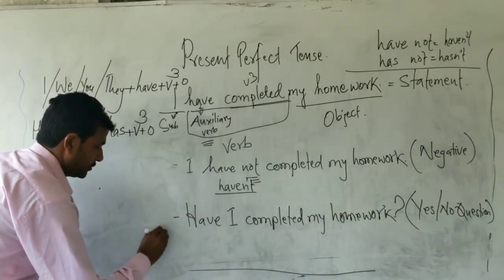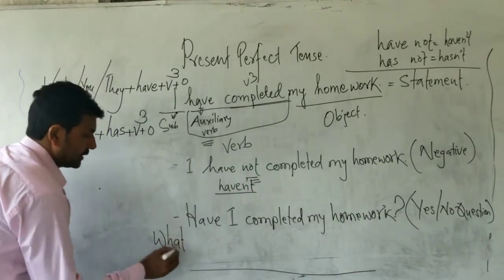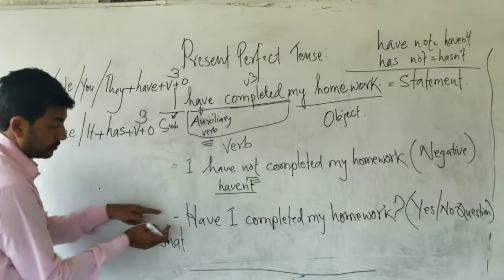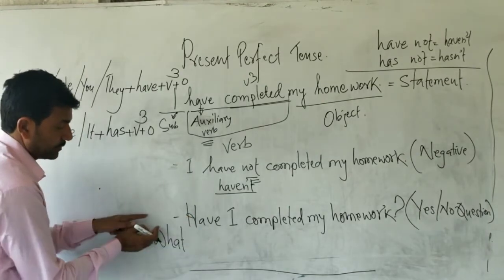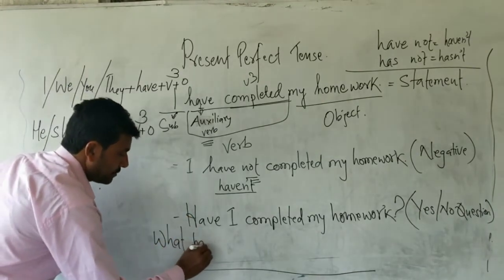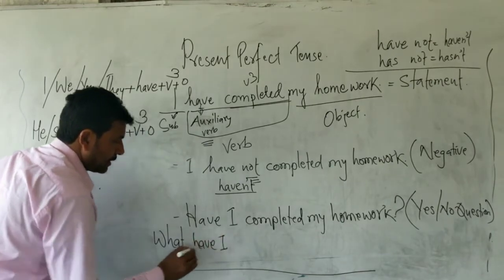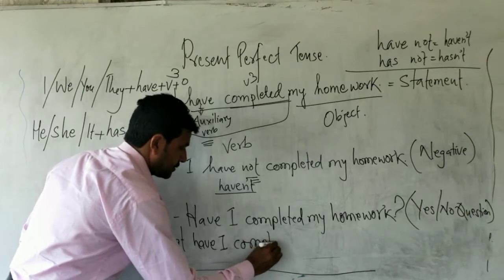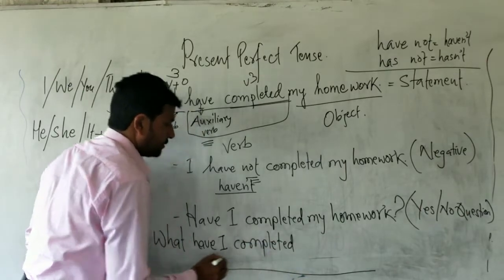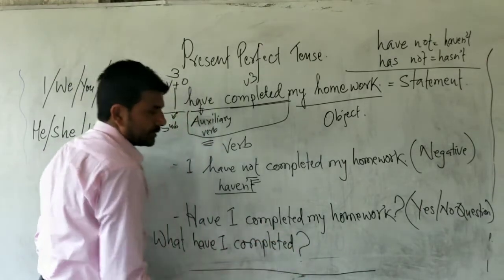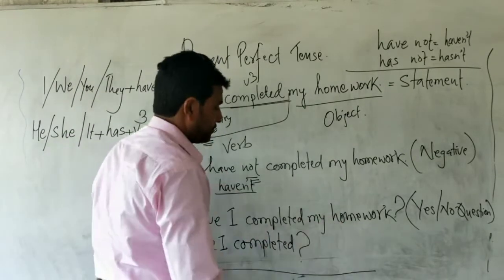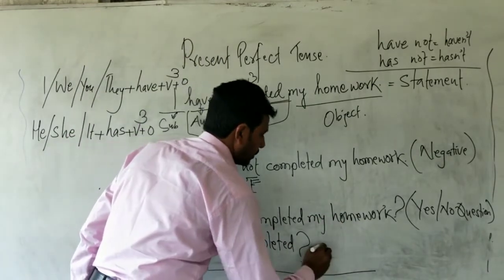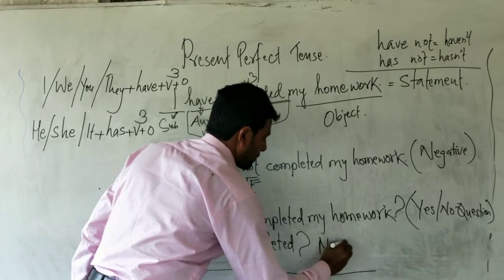If you want to use WH, just add it before this auxiliary verb. What have I completed? Question mark. The answer will be the object. For example, homework. My homework.